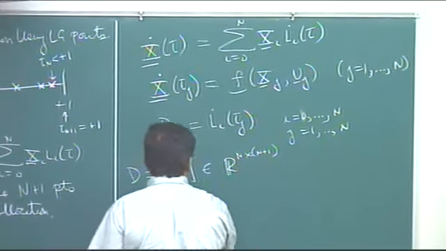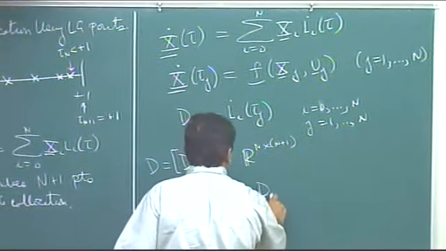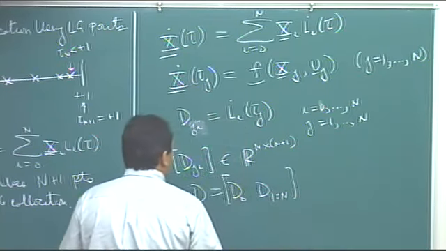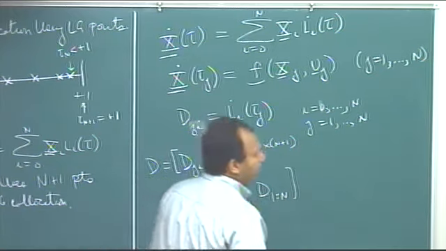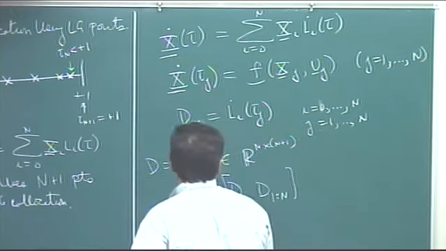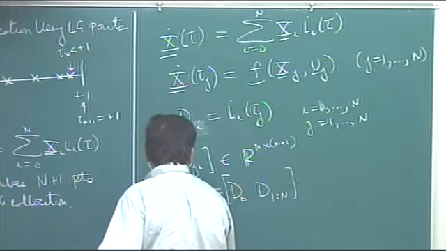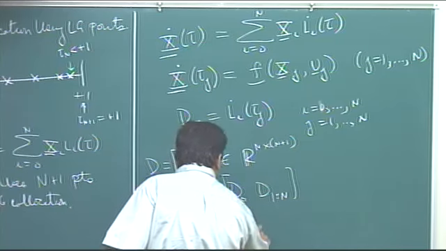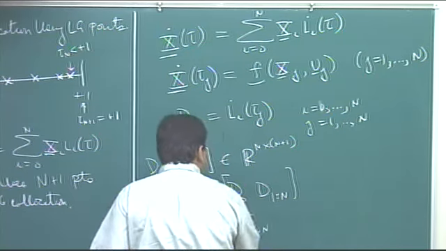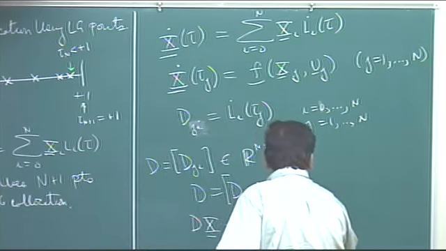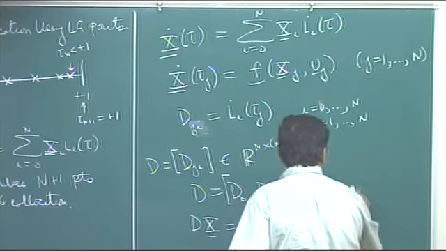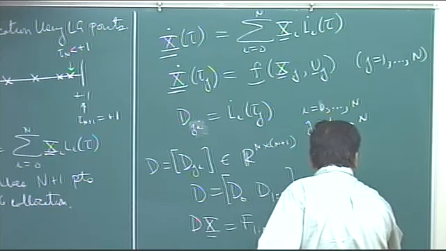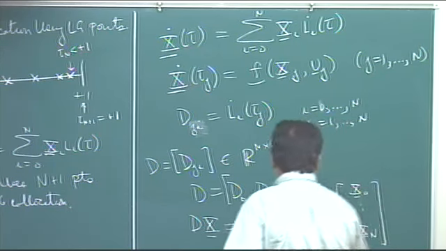And we divided D into its first column and into columns 2 through n plus 1, which I labeled 1 colon n. And what we observed was that when we did this collocation in this manner, we got a system of equations that looked like D times X is equal to f of 1 colon n, where this matrix X was equal to x0 all the way up to xn, where each of these, of course, are row vectors.